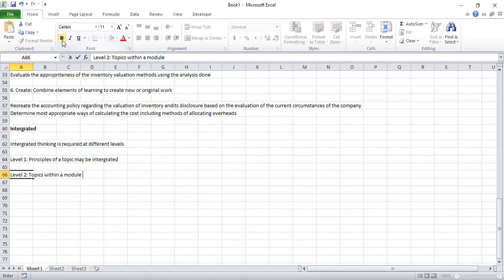Can be integrated. I think you have seen that when you were doing maybe some of your exams, some of your tests before, you could find that in a scenario, it can talk about preliminary audit engagement activities together with the risks at the financial statement level.